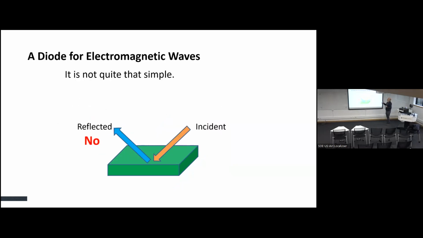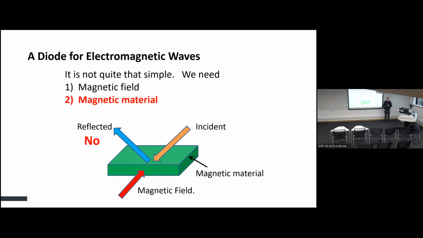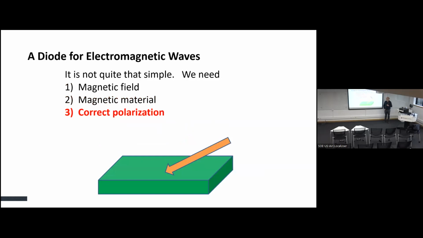Okay, as I say here, it's not quite that simple. You have to make it a little bit more complicated. You need a magnetic field, the way I've drawn it here. You need a magnetic material, because this is all magnetic. And you need the right polarization. Basically, it's this polarization for your incident wave. But if you do that with an antiferromagnet, you get something that gives you this really quite strong one-way reflectivity.